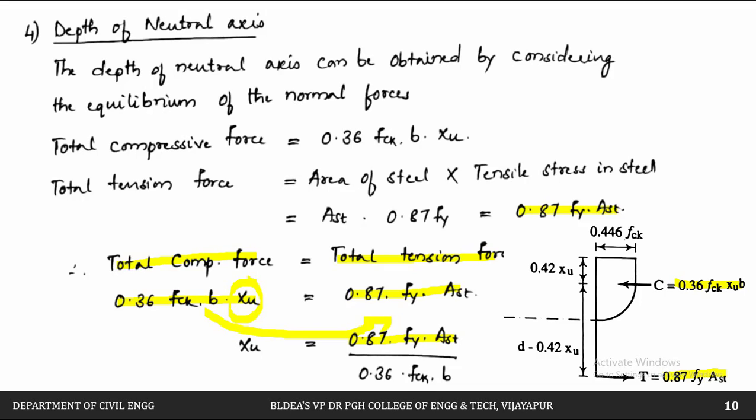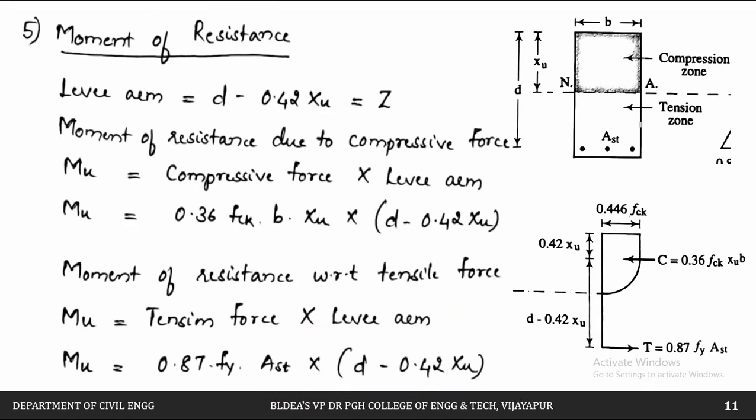Therefore xu will be 0.87 fy into Ast divided by 0.36 fck into b. With the help of this formula we can calculate the depth of the neutral axis. This is already given in the code book also; at the end I will try to show you.